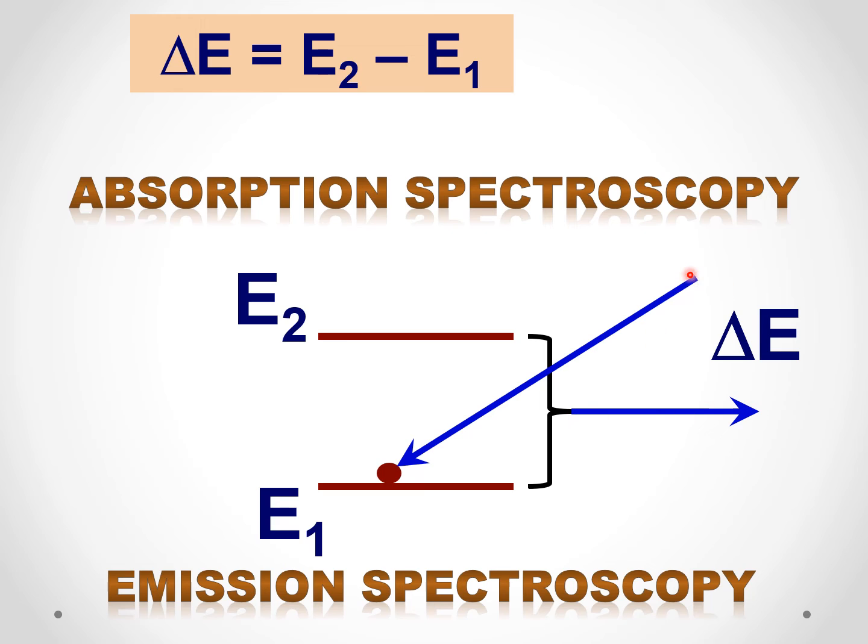Okay, if the radiation is absorbed, it is called absorption spectroscopy. If the radiation is emitted, it is called emission spectroscopy. So there are two types of spectroscopic techniques.